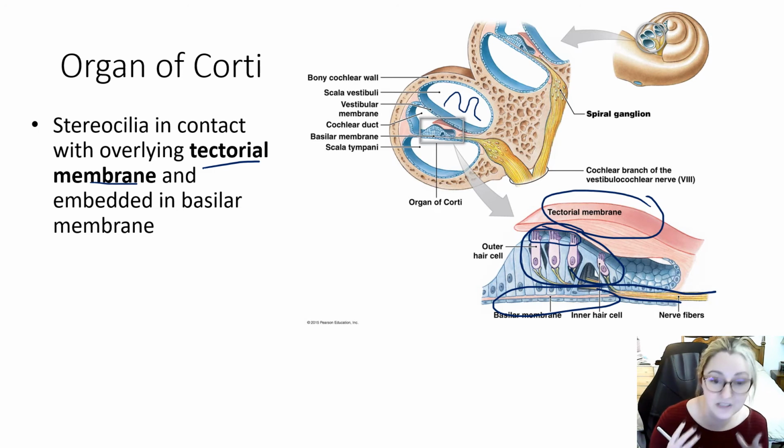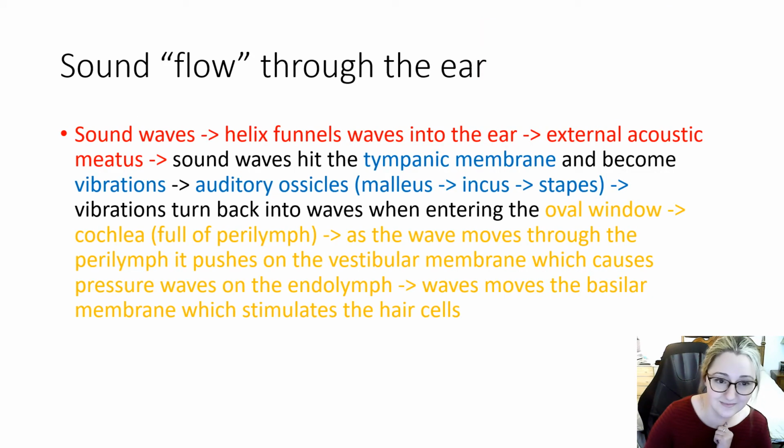That's all sound is, just the movement and bending of these waves of fluid and these membranes, and specifically these little hair cells. That's all it is. Crazy. So this is that flow of sound through the ear.